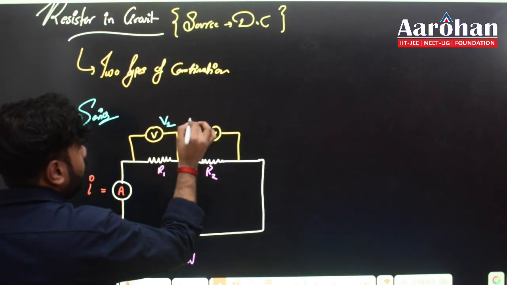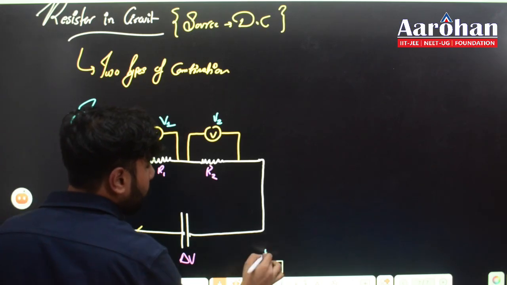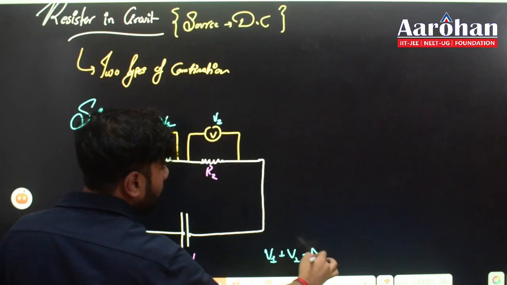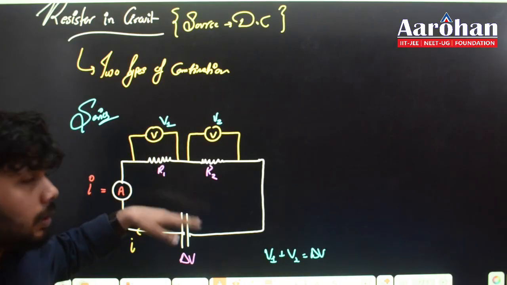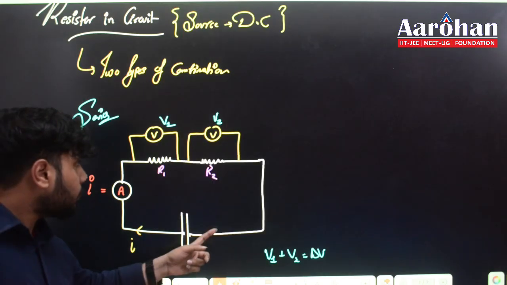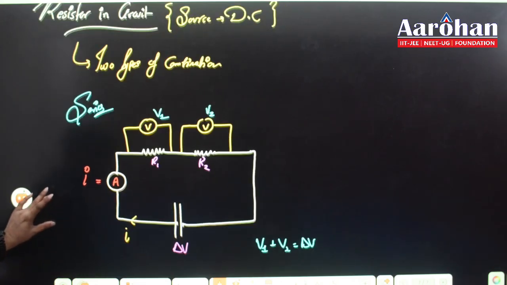One can show V1, one can show V2. If you sum V1 and V2, you'll find it is equal to the potential supplied by the source, assuming the wire has no resistance and the battery has no internal resistance. And the current being supplied by the source is the same for R1 and R2.